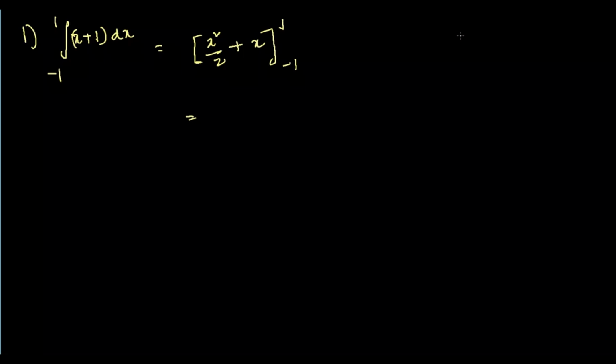So this is equal to 1 by 2 plus 1 minus, applying the lower limit, 1 by 2 minus 1. 3 by 2 minus, this is plus half. It's 2.